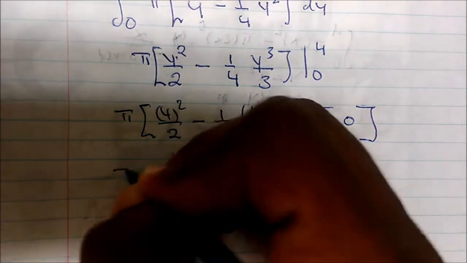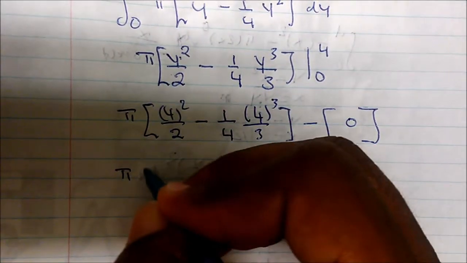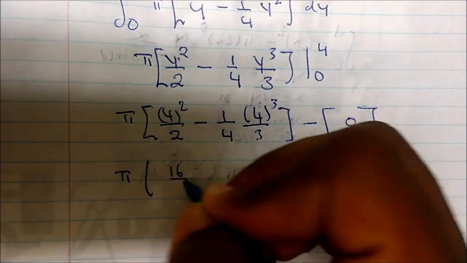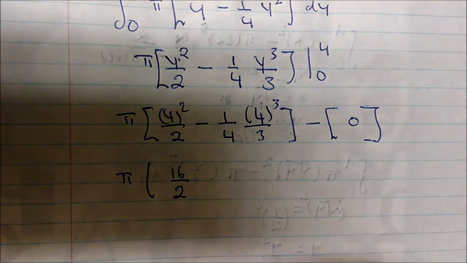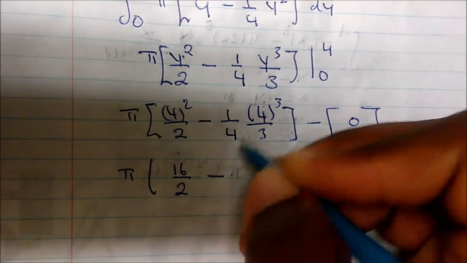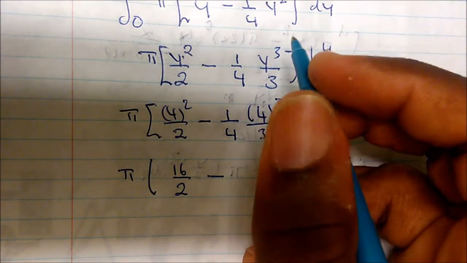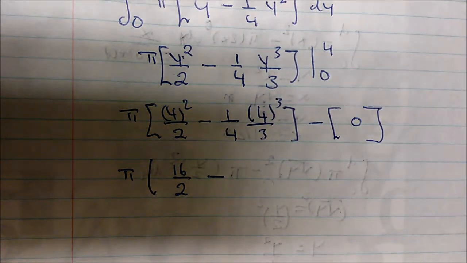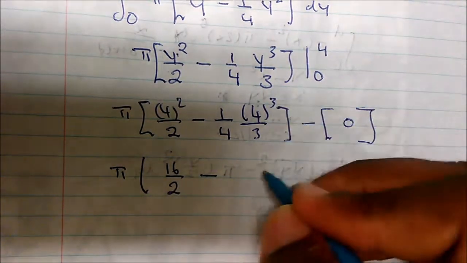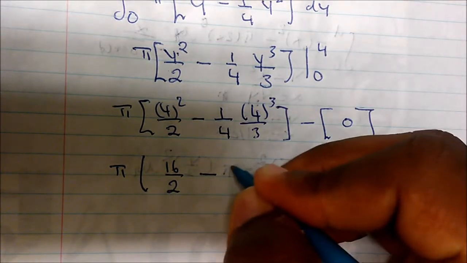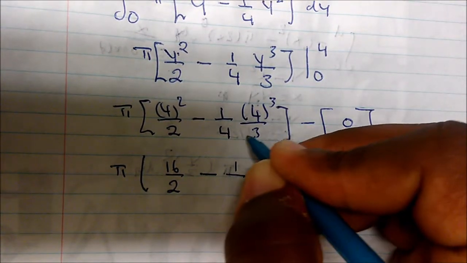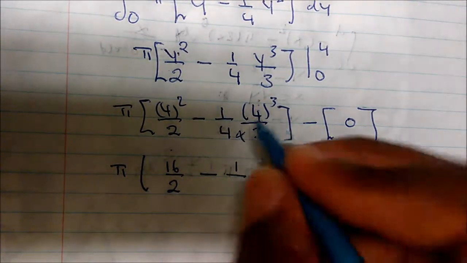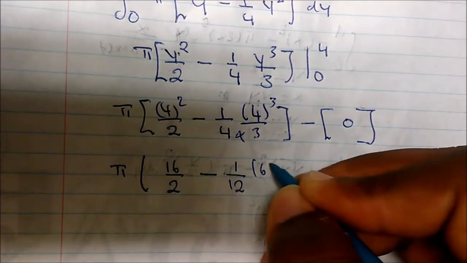Okay, so now this becomes pi times 4 squared is 16, 16 divided by 2 is 8, minus 4 cubed. Well, 4 cubed is what? 4 times 4 is 16, and if I multiply that by 4, that's 64.